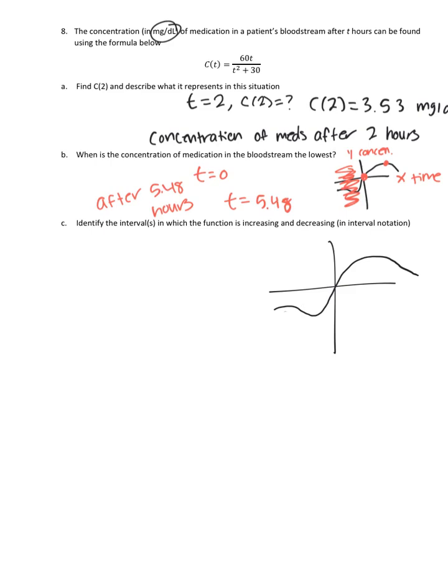So your graph is decreasing where the red arrows are. I'm decreasing all the way from negative infinity until the minimum, which is at negative 5.48. Then I change direction and start increasing, all the way until positive 5.48, or the maximum.